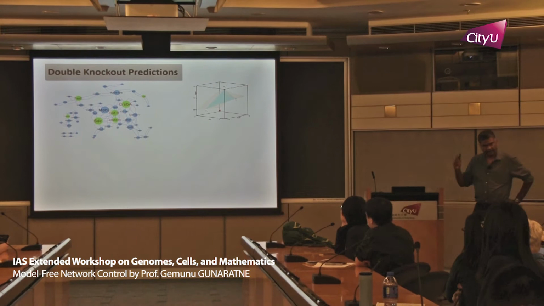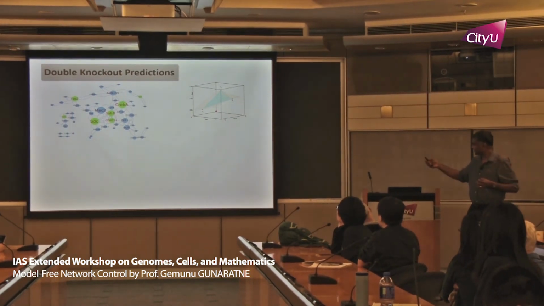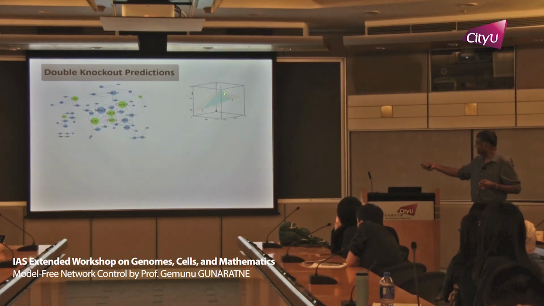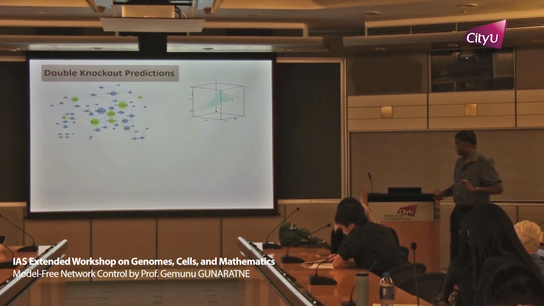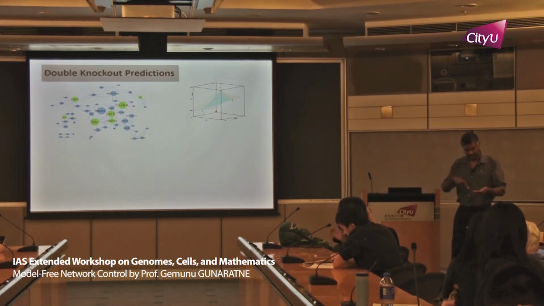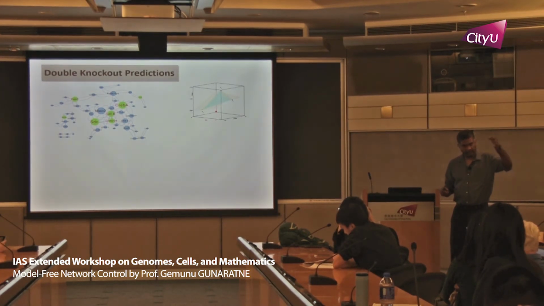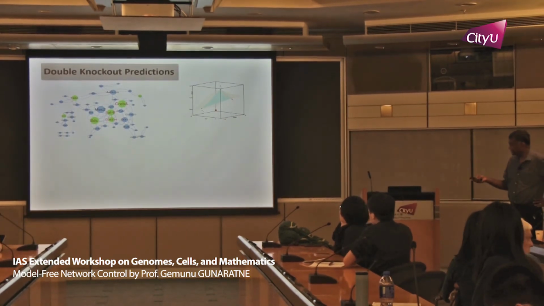Meanwhile, again, we could do that double knockout prediction. Remember, from the single knockout experiment, we could predict the double knockout. So this we did. My colleague actually goes through 10 generations of animals: they start with a single knockout, and 10 generations later they do the experiments to find out what the expression levels are.